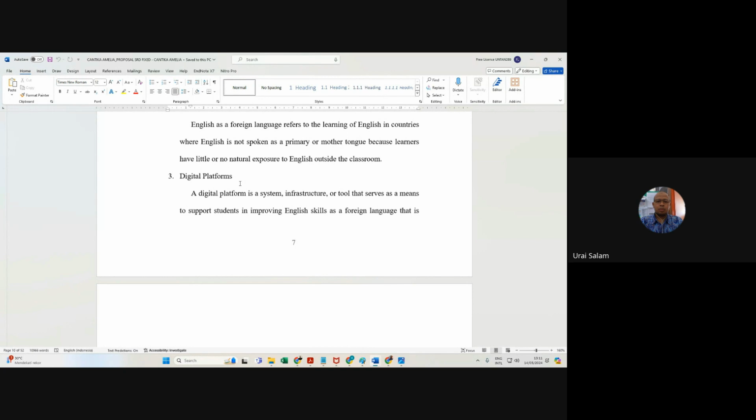So that's digital platform. It does not go to a specific application. It is really any application, as far as they are using the digital platform, or here I mean the computers or the gadgets, then we consider this as digital platform.